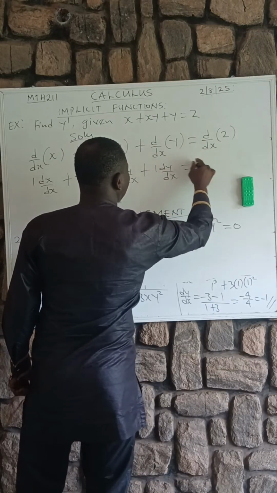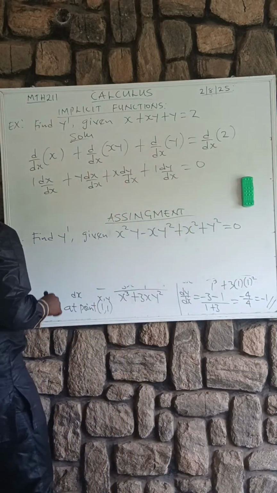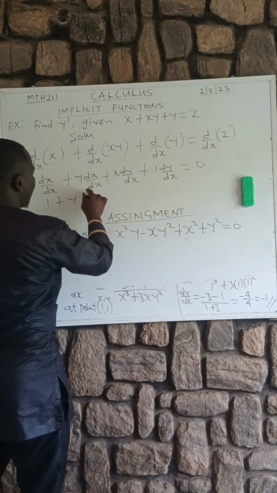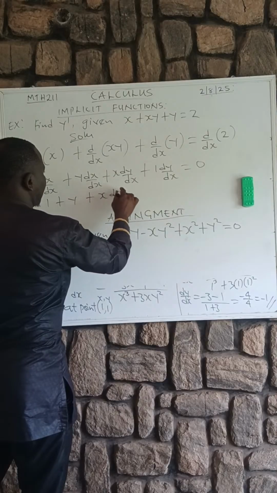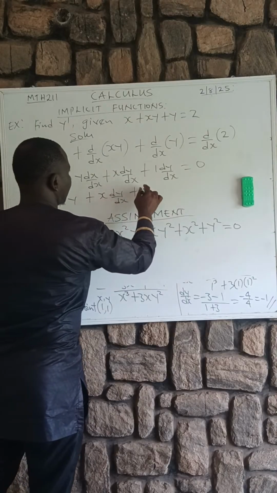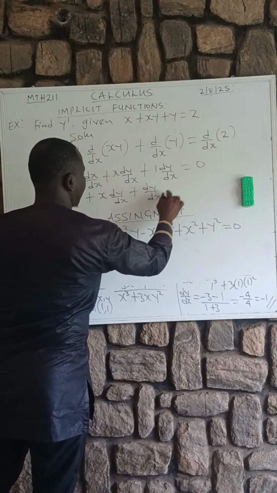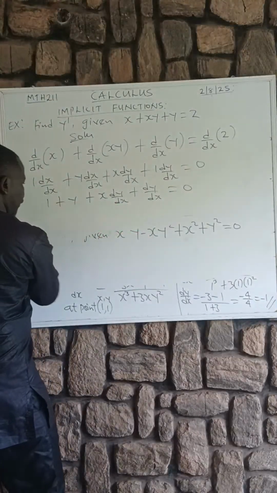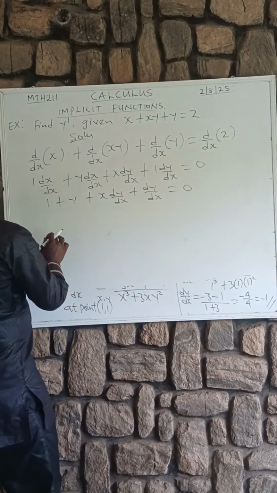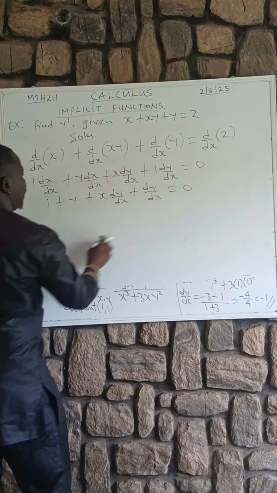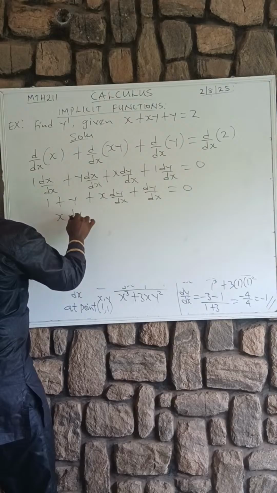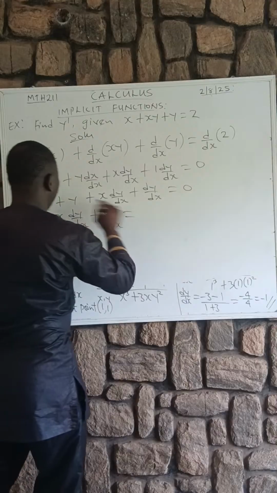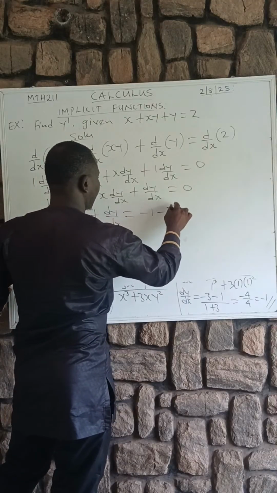If you differentiate this, you have 0. True or false? So this is 1 plus y plus x dy over dx plus dy over dx is equals to 0. True or false? Okay. So far so good. So if you agree with me, this will come here. So we left with x dy over dx plus dy over dx is equals to minus 1 minus y.